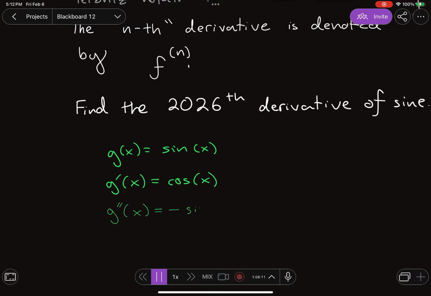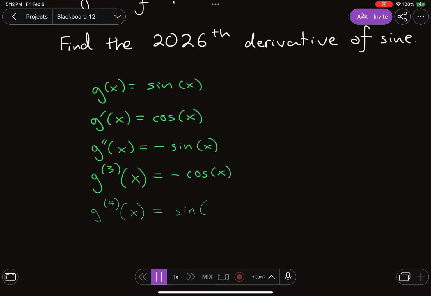And then we have the third derivative. So let's use this notation. That is going to equal the negative cosine of x, and that's with some derivative laws that we had proven in class. And then notice the beautiful thing that happens. The fourth derivative is equal to sine of x again, which is the same thing as g of x.